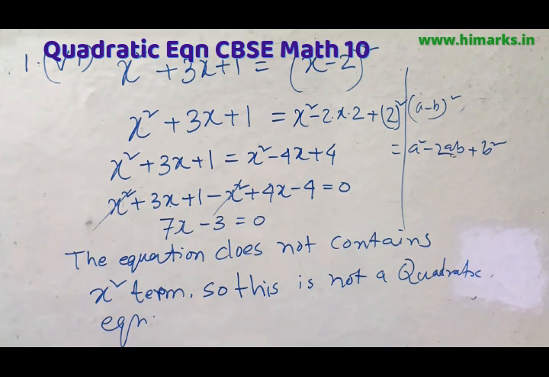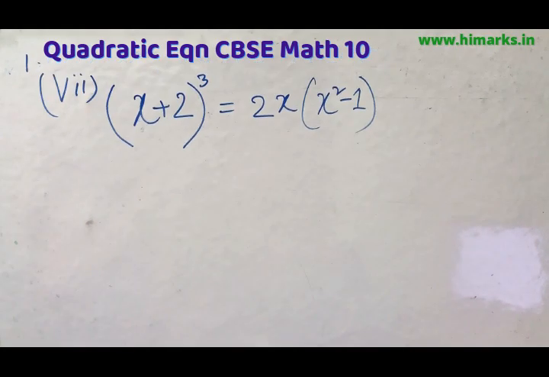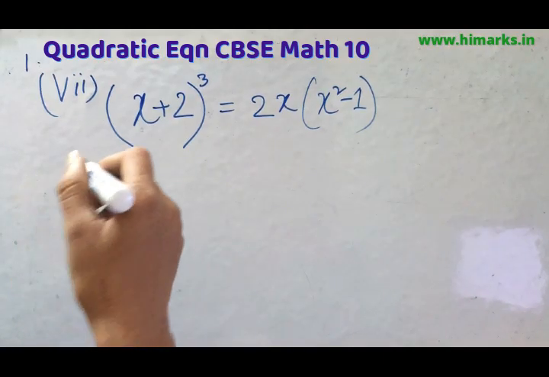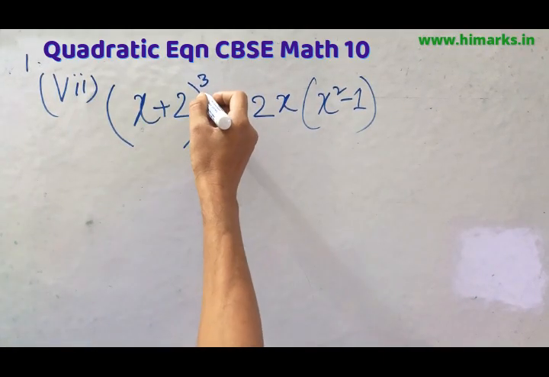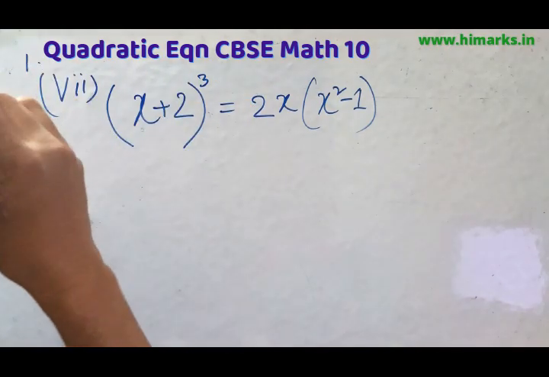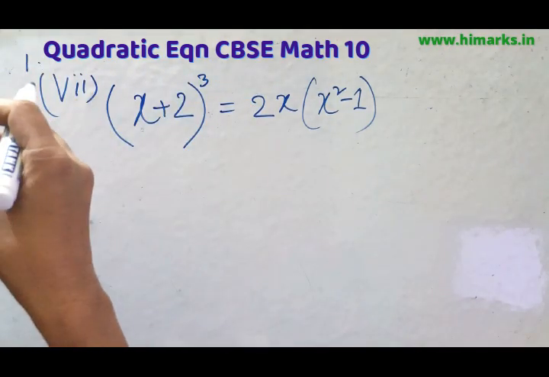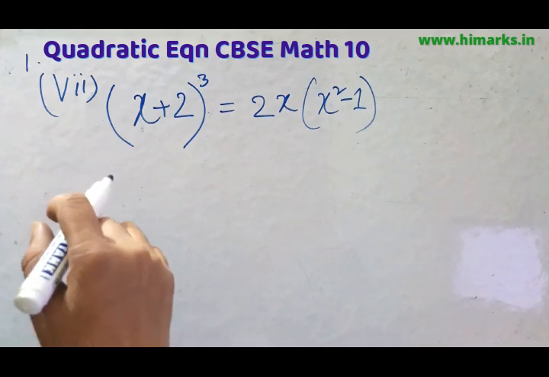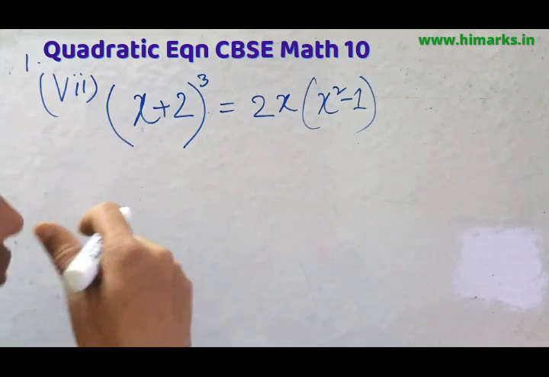Six done. We'll move to the next. Okay, here we have to check whether this given equation is a quadratic or not. So for that, a cubic formula is used. If you are not familiar with cubic, there is a way, but better to know what the a plus b cube formula is.